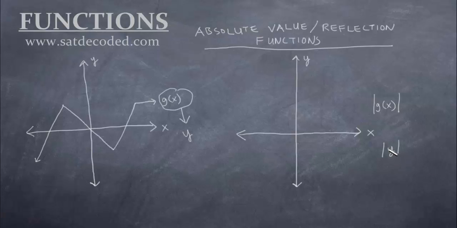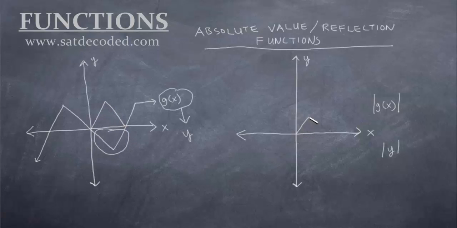Just remember that in our final answer, we can't have anything in these bottom two quadrants. So again, since we're reflecting everything that happened to be negative in the original graph up towards the positive y-axis, we're going to do the same thing here. So this part right here has all values for y that are negative. So that's unacceptable. This whole portion needs to get reflected up towards the positive portion.